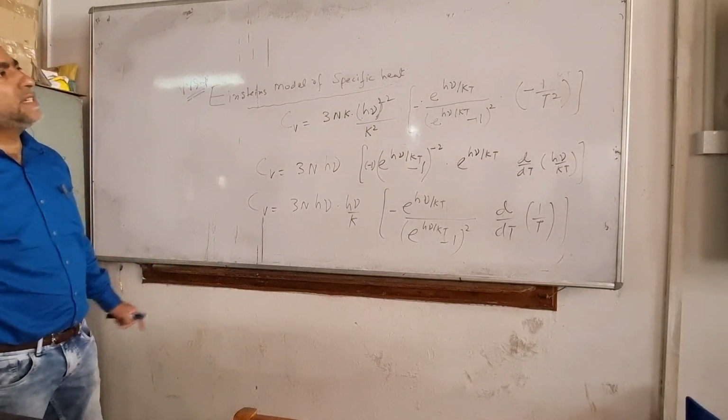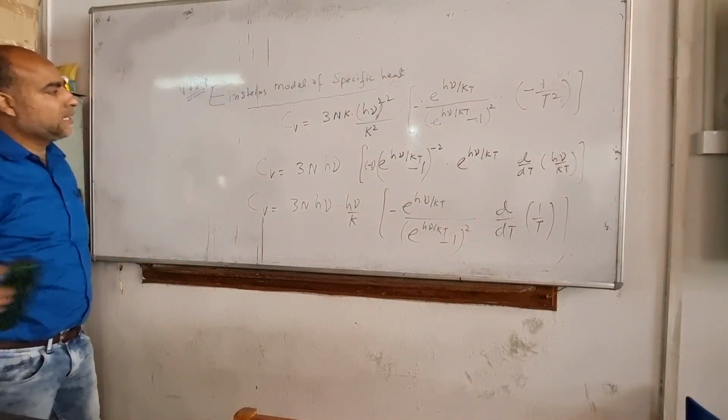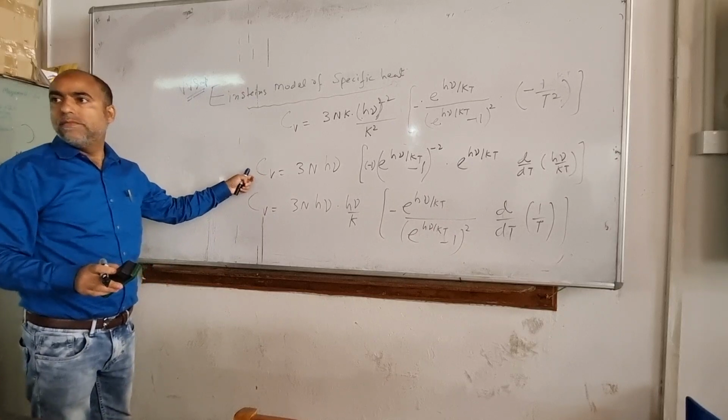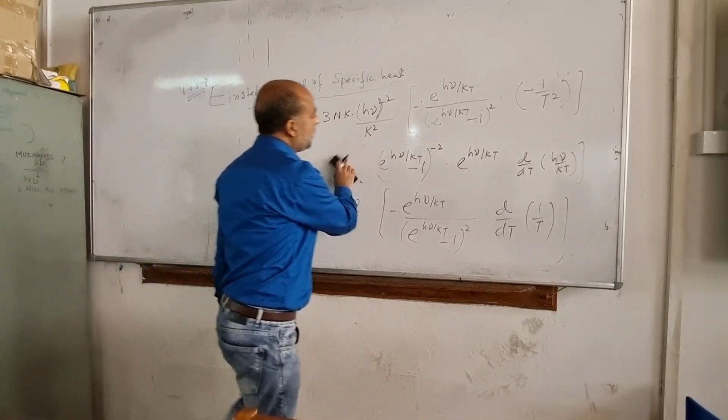Differentiation of 1 by t is minus 1 by t square. Shall I rub this stuff? Yes. If there is any difficulty, please convey.